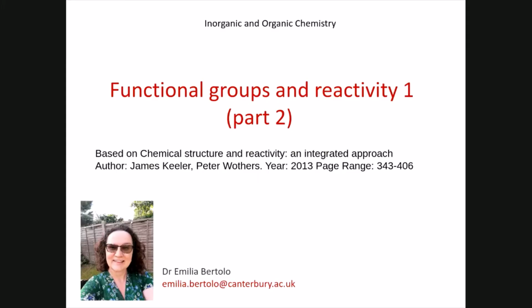This is a reminder, this session and the previous video are based on a chapter from Chemical Structure and Reactivity: An Integrated Approach by Keeler and Wothers. You have the scanned copy of this chapter available on Blackboard.